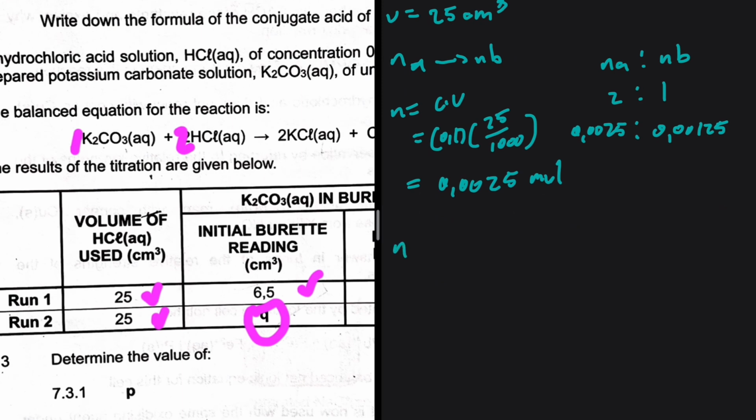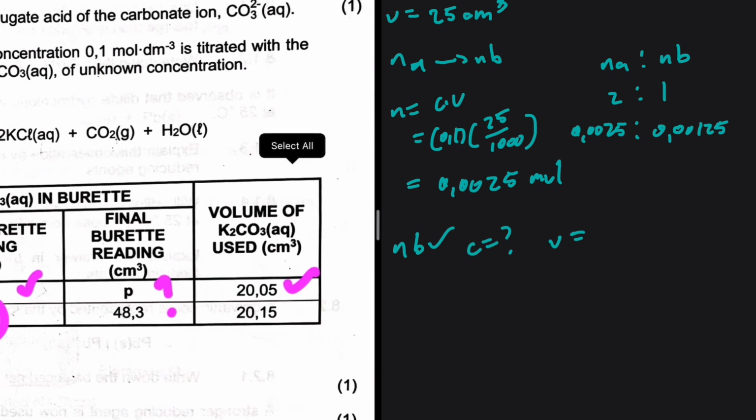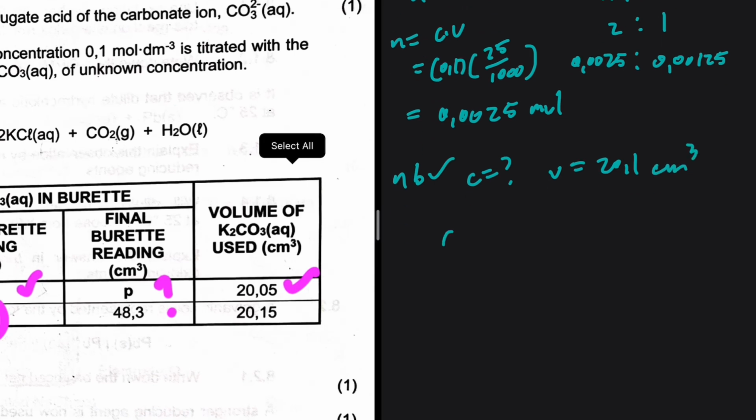So we have the number of moles of base. We are looking for the concentration. Volume, we said that we're going to add the 2 and divide by 2. So 20.05 plus 20.15 divided by 2, 20.1. So I'm going to use a volume of 20.1. I'm going to find the average of the two. So the concentration is the number of moles over volume.